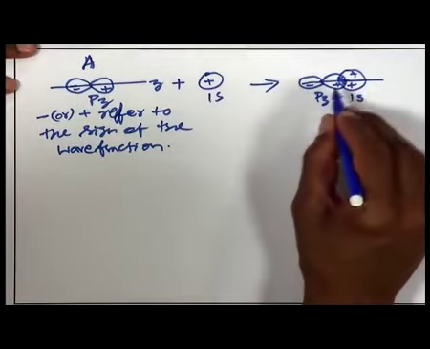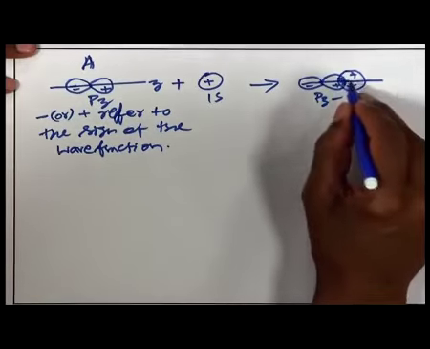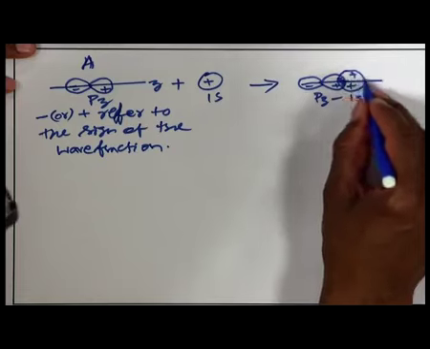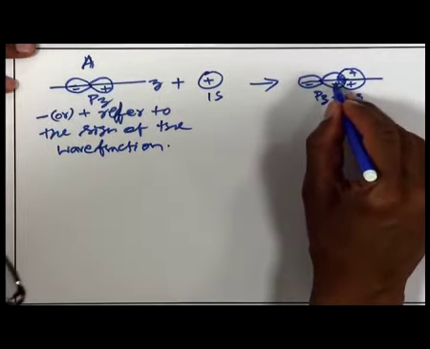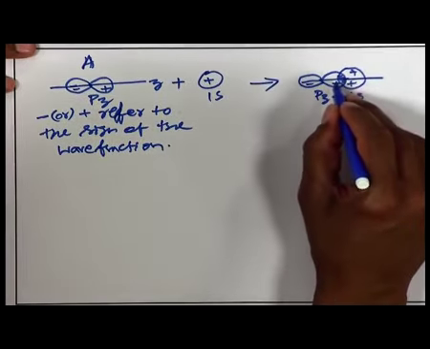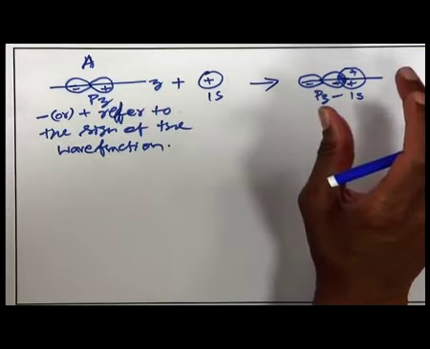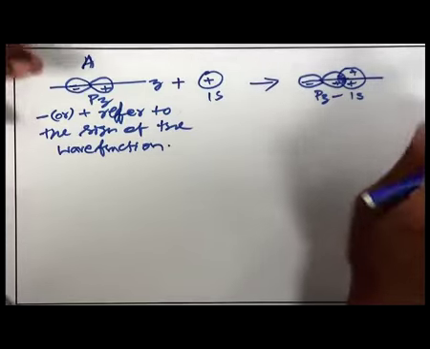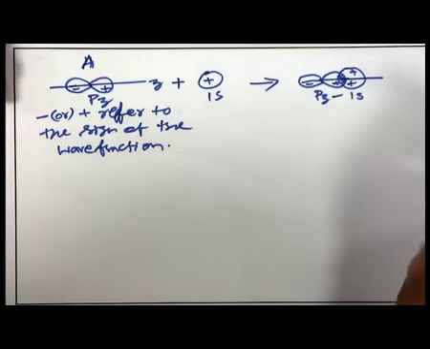Now, you can see that I put two orbitals together where the sign of both orbitals is positive. The sign of the 1s orbital is positive, the sign of this lobe of the pz orbital is positive, but the other lobe's sign is negative. When you have two lobes of the same sign, then when they overlap, that type of overlap will give you bonding.